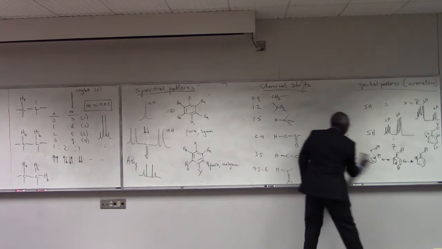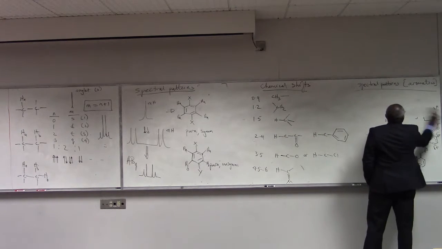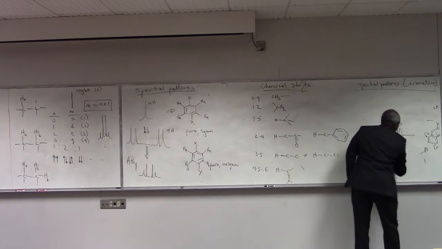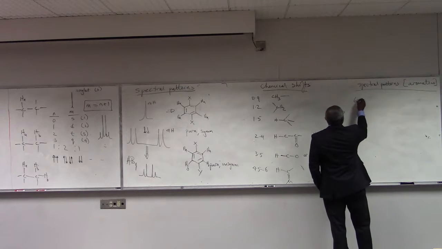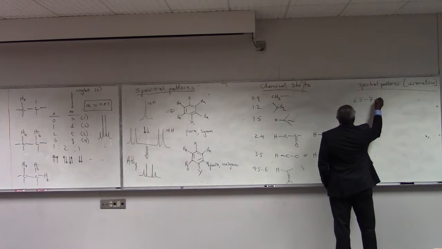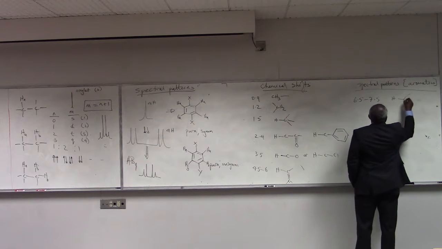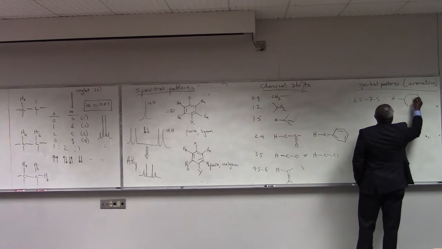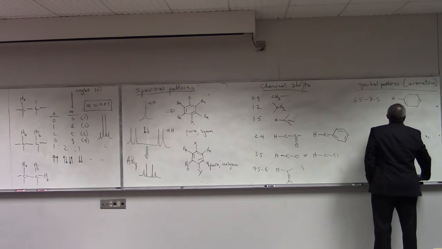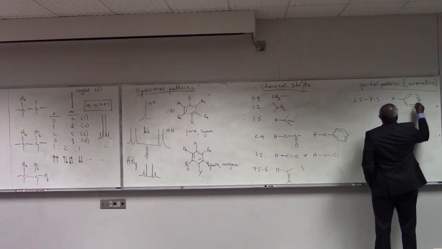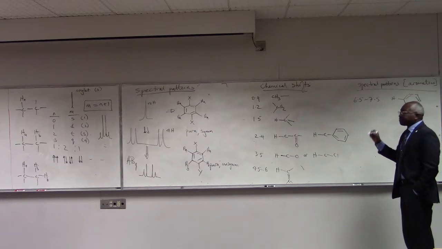And then between about 6.5 to about 7.5 is the H attached directly to a benzene ring. And what's happening with the benzene ring here, this is deshielding by anisotropic effects, right?